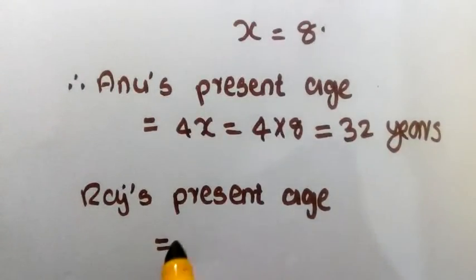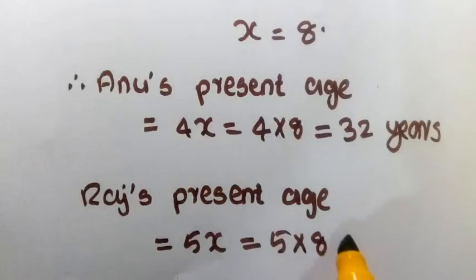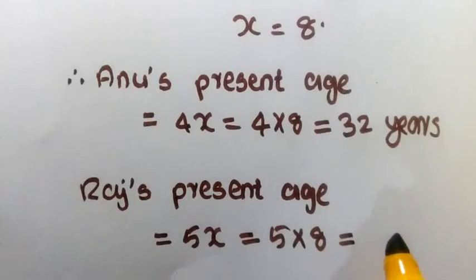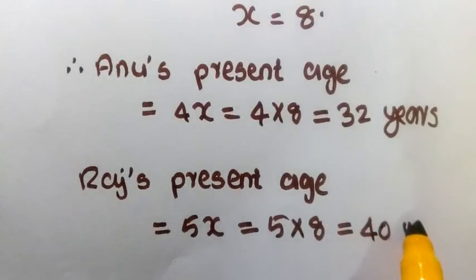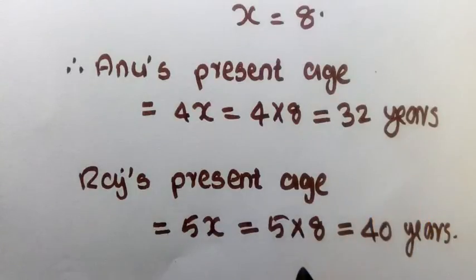We taken it as 5x, which is equal to 5 into x is 8. 5 8s are 40. 40 years. Therefore, Anu's present age is equal to 32 years and Raj's present age is equal to 40 years.